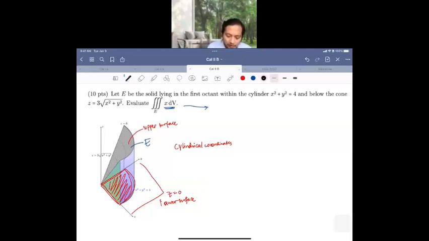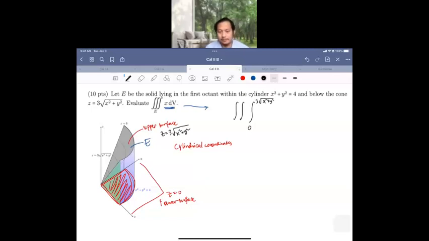Now, the upper surface is z equals 3 times x squared plus y squared. So we take this upper and lower surface as the inside integral, 0 to 3(x squared plus y squared).